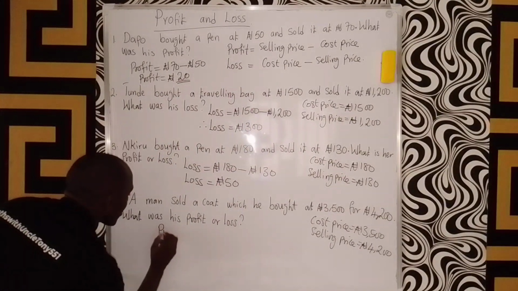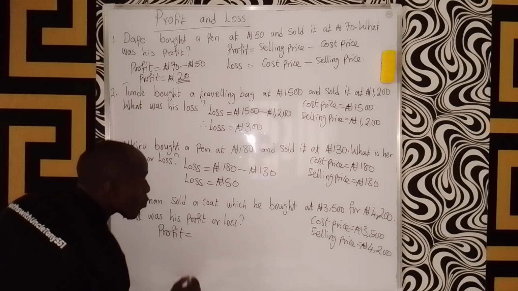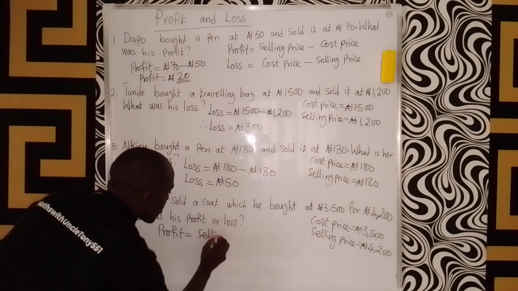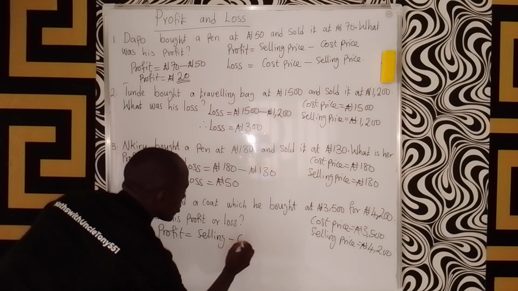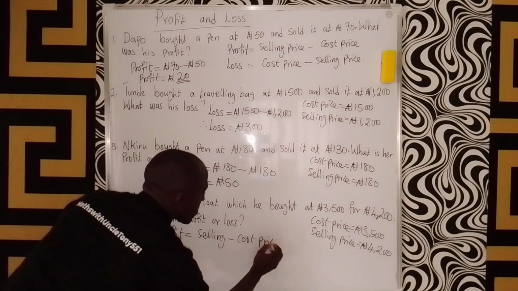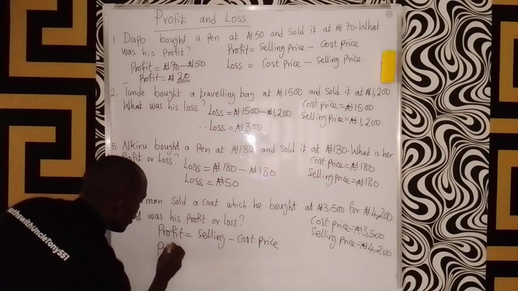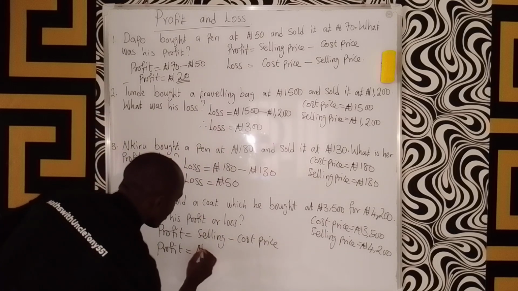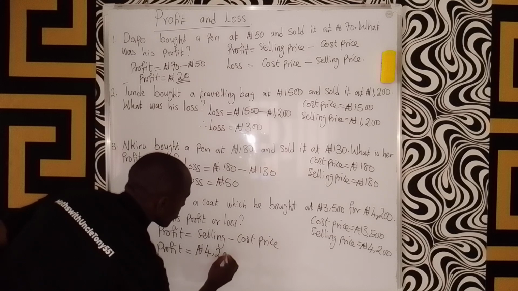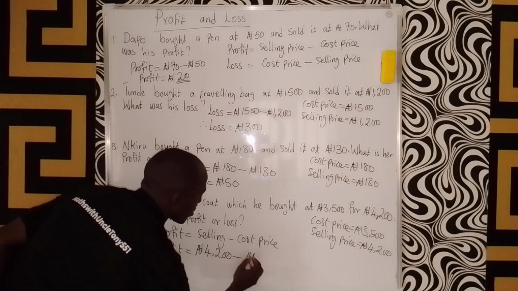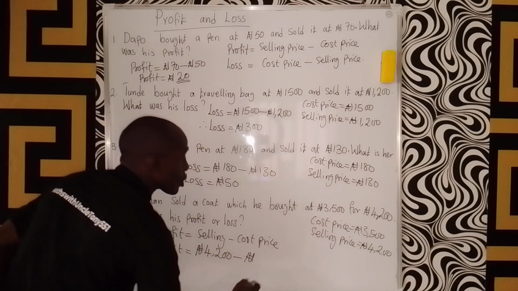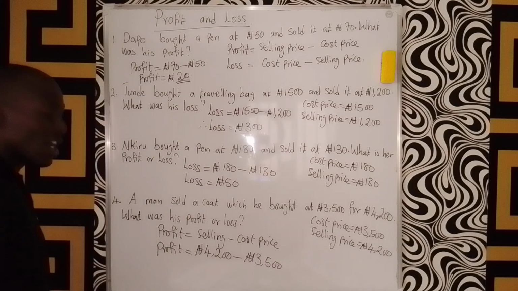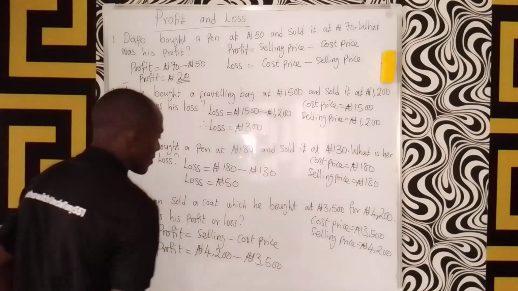So profit is equal to selling price minus cost price. Profit is equal to selling price, 4,200 naira, minus cost price, which is 3,500 naira. Let's quickly arrange and subtract.